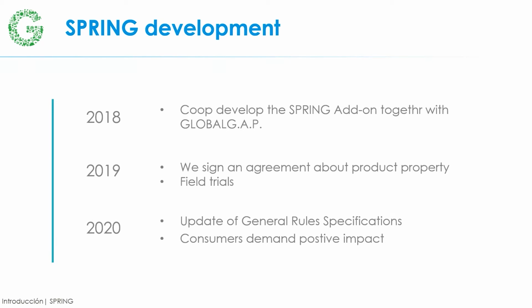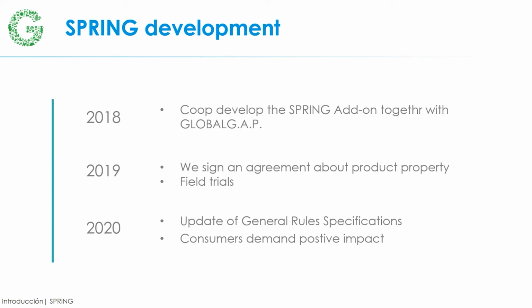Then we signed an agreement with COOP about the property of spring, and we agreed that after this date we start having spring in our product. That means that COOP can continue asking for spring, but it opens the door to ask for spring for other supermarkets.